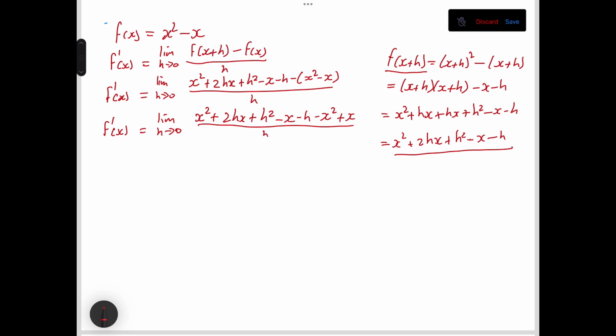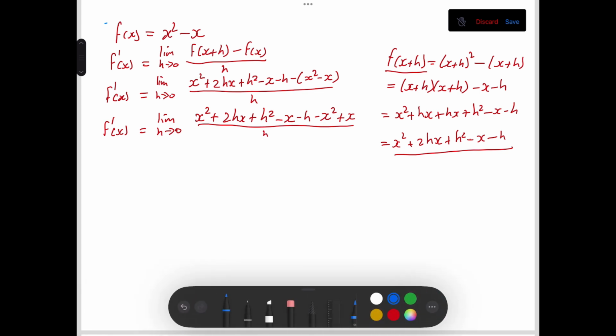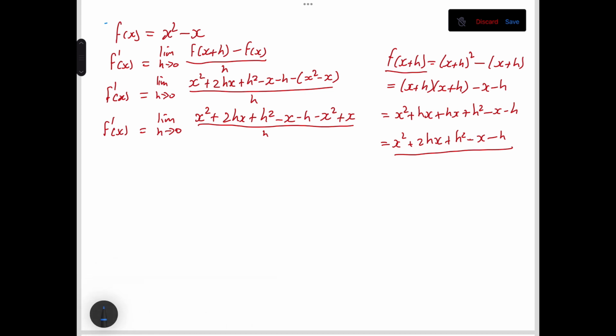So we're going to cancel x squared and minus x squared. And we're going to cancel negative x and plus x. So what's left? We first write f'(x), limit h strives towards 0. We know all terms are going to have h's on top, so we take out h as a common factor. So it's 2x plus h minus 1, over h.